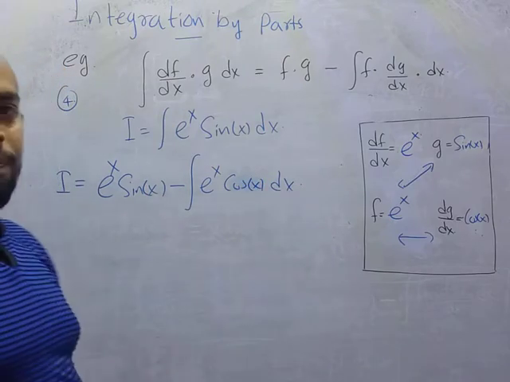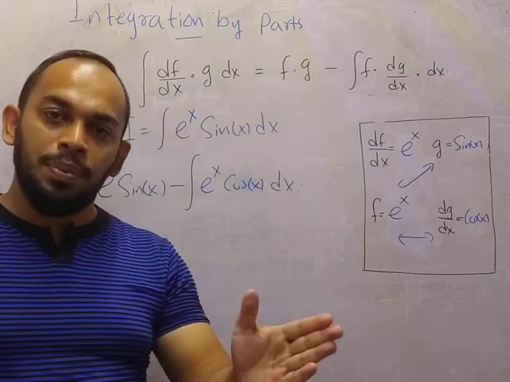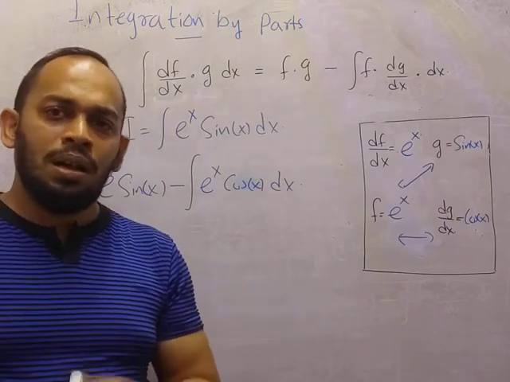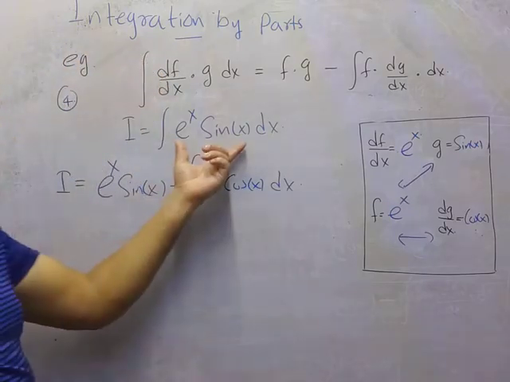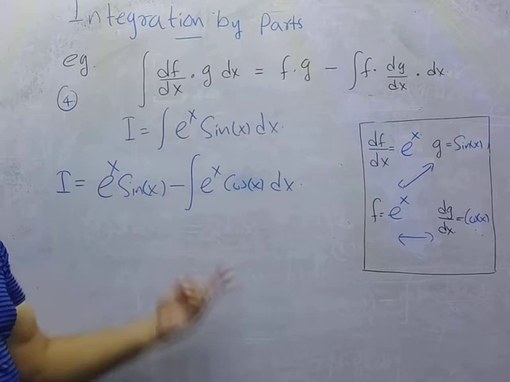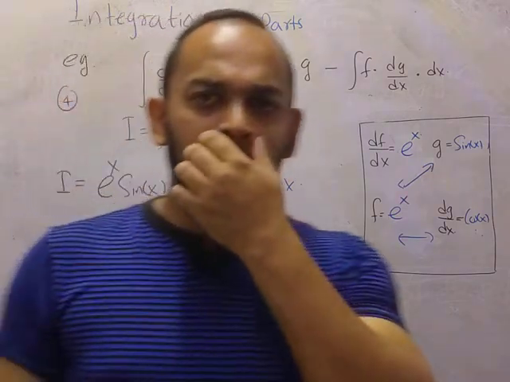Now you see why, right? So when you use integration by parts, nothing happened. It's the same thing, because you started with a similar integral. The only difference is instead of sine you have cosine. Then remember that.